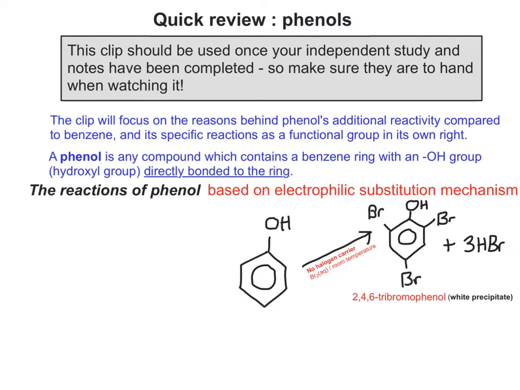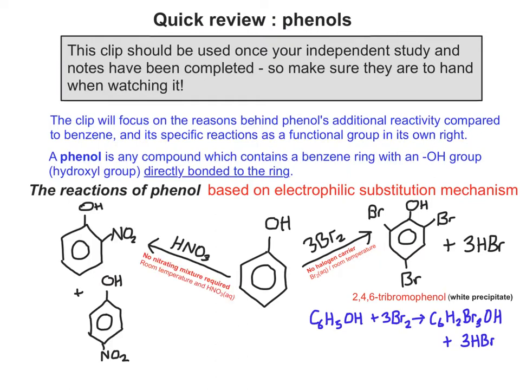I've used up 6 bromine atoms. 3 have gone onto the phenol benzene ring and 3 have ended up as HBr. So therefore we need to make sure we balance the equation. So in structural form, I've put the reactants and products in blue, bottom right of the screen.